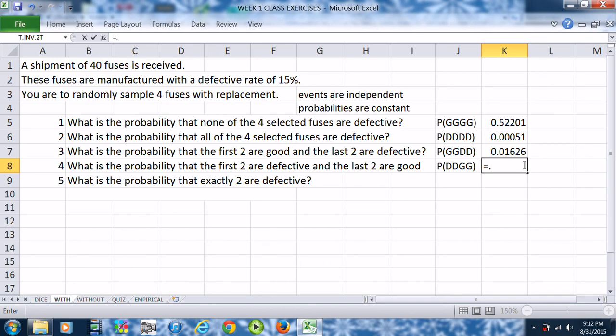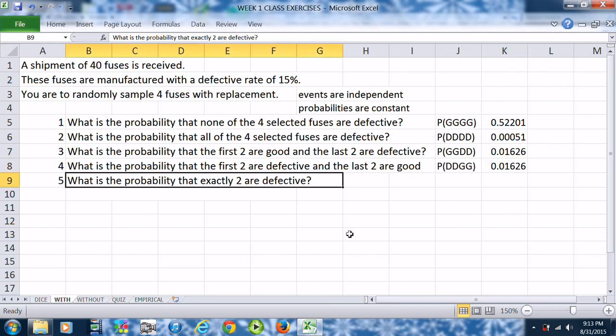The probability the first 2 are defective is 0.15 squared, and the probability the last 2 are good is 0.85 squared. So 0.15 squared, times 0.85 squared, gives us 0.01626, the exact same answer we had before, as we expected.